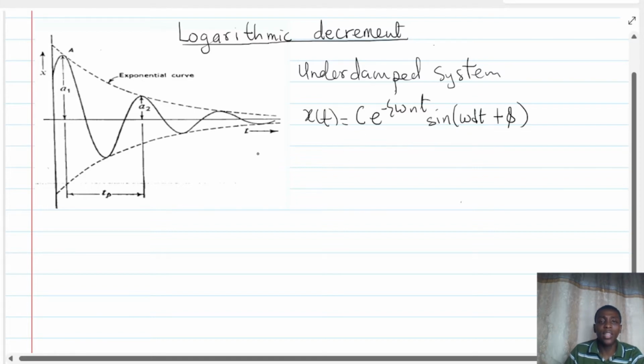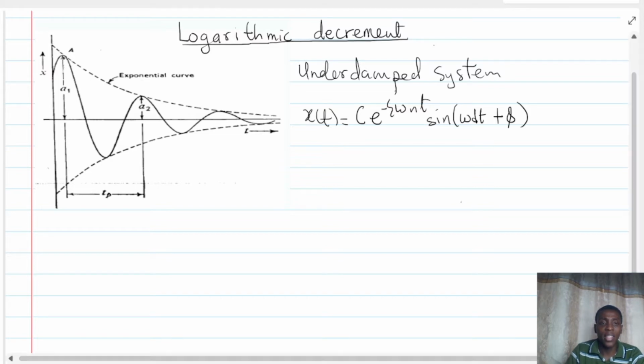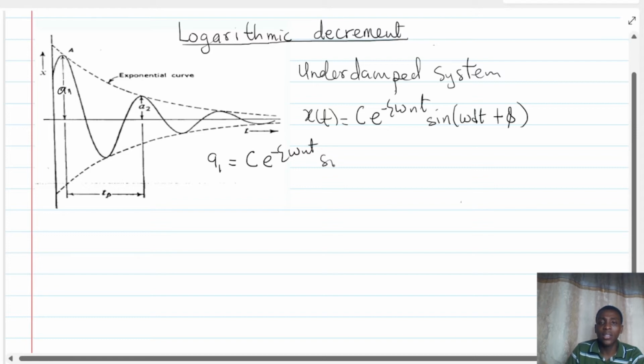Now we want to say that if my response is this, then let's say the first amplitude, this is A1, the first amplitude, is the response, and it can be written in the form C e^(-ζωn t) sin(ωd t + φ).